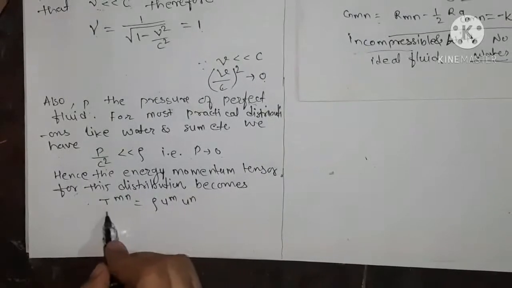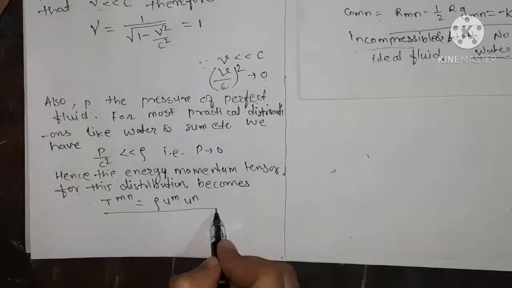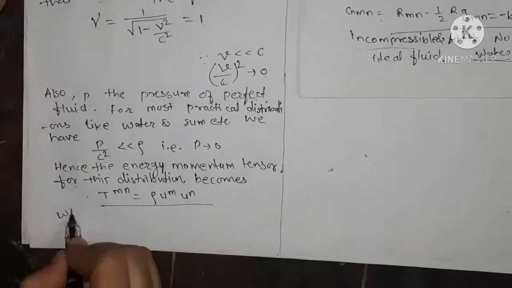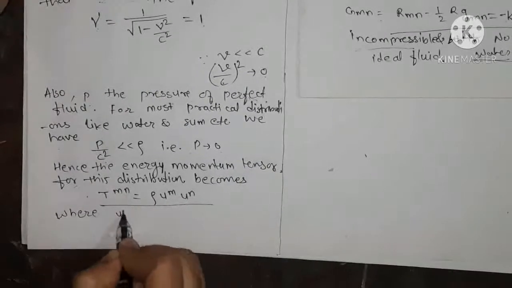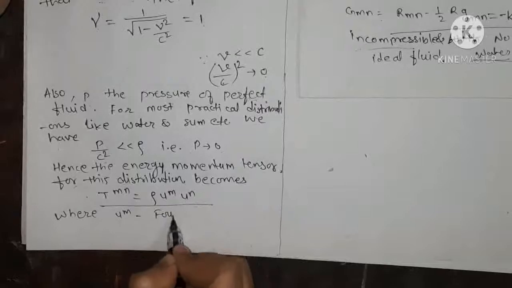We write the energy momentum tensor in this form, where u m is nothing but the 4-velocity.